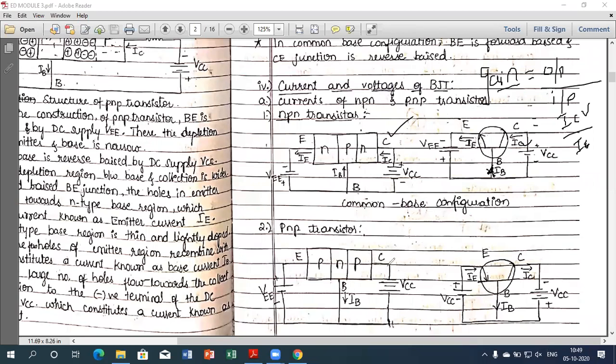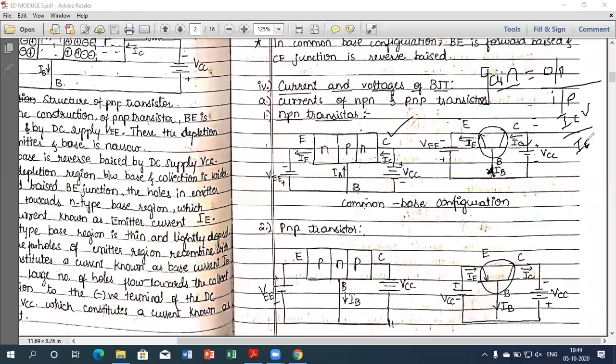The same thing can be done for PNP transistor. The important thing that you have to remember is that only the polarity will change, but the magnitude remains the same.